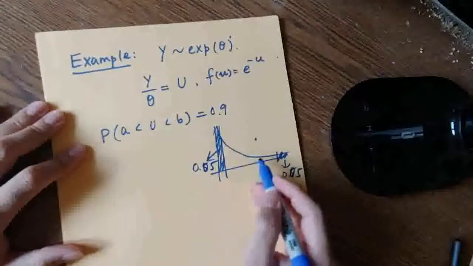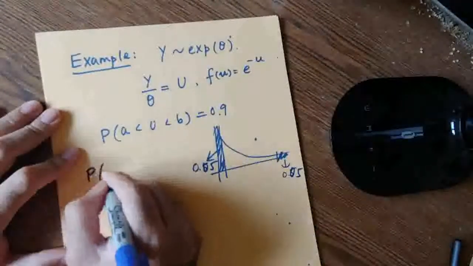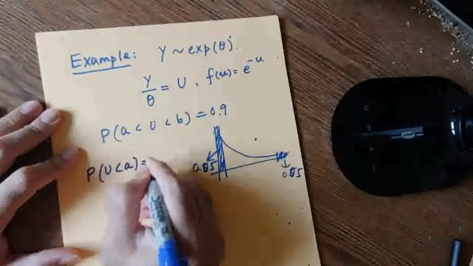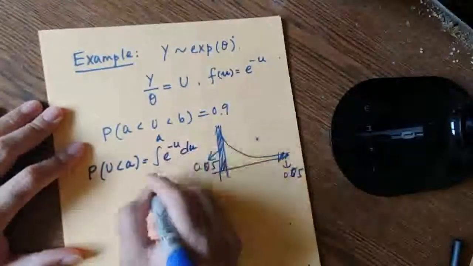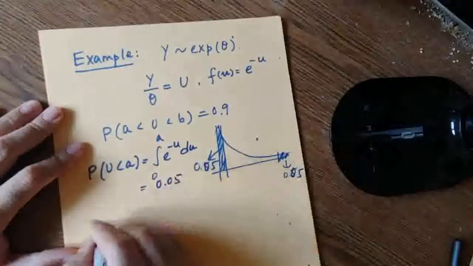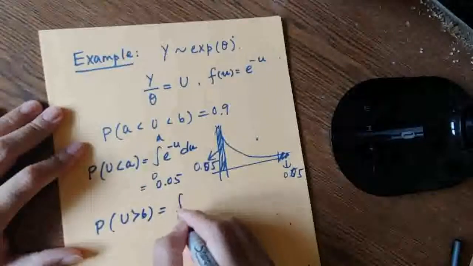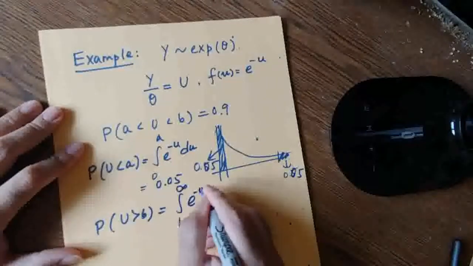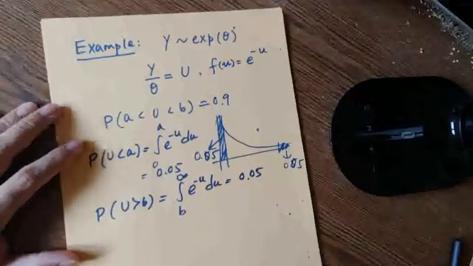The middle area is 0.9. So that's the same thing as saying that probability u less than a, which is the integral from 0 to a of e to the power minus u du, is 0.05. And probability of u greater than b, which is now the integral from b to infinity of e to the power minus u du, is 0.05. This is what we know.